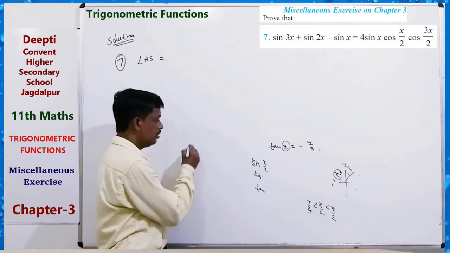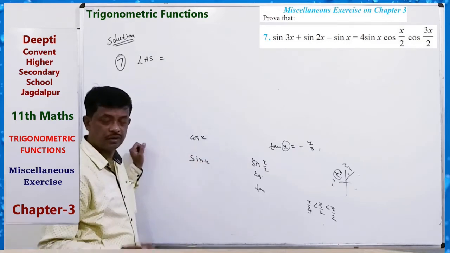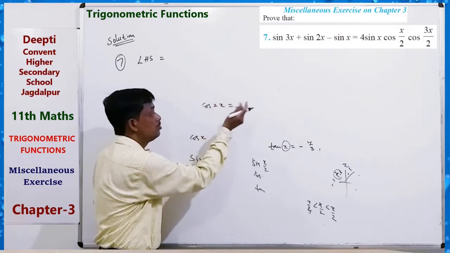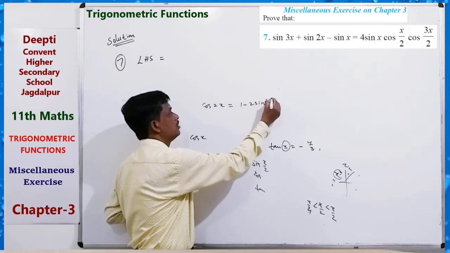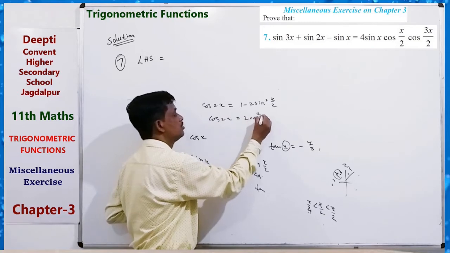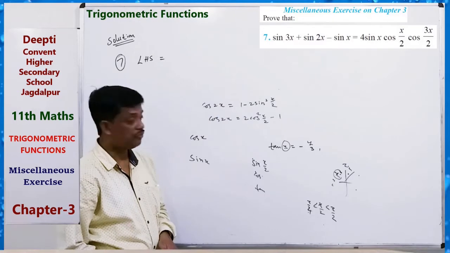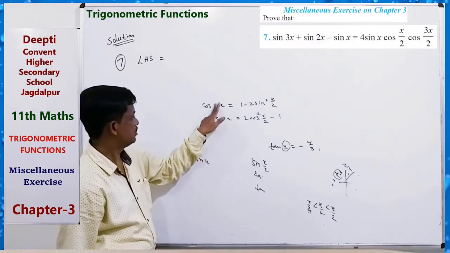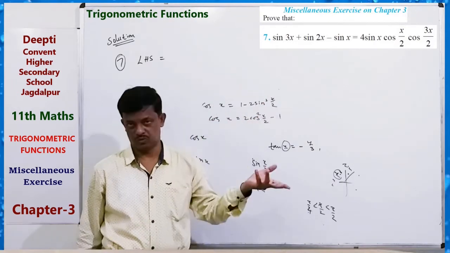And now use the formula for getting that. How? If we know cos x, if we know sin x, then we can use the formula: cos 2x equals 1 minus 2 sin square x by 2. Also cos 2x equals 2 cos square x by 2 minus 1. By using these two formulas, if here x, then here x by 2.